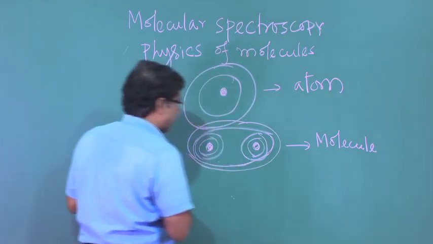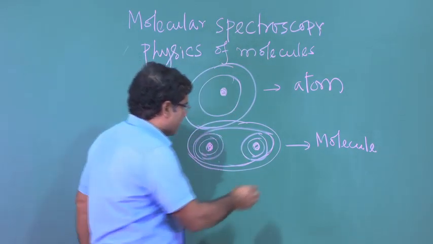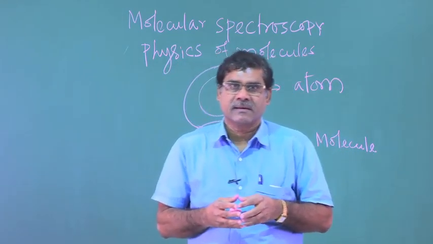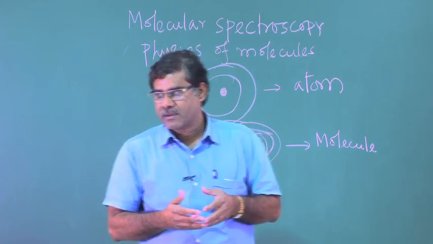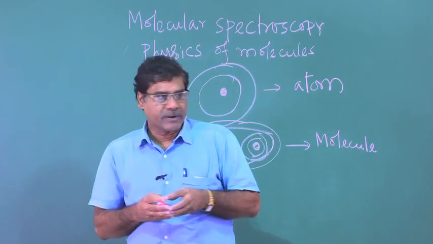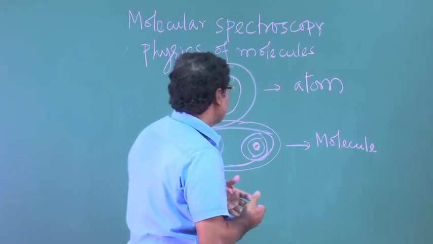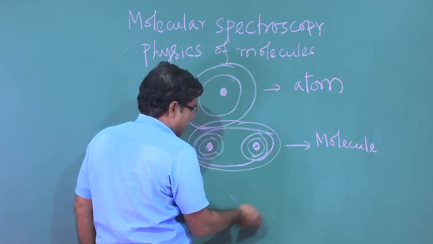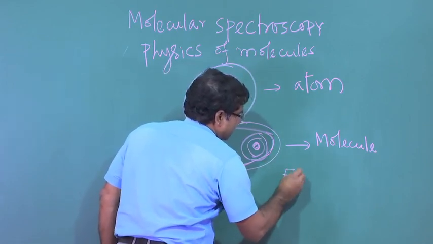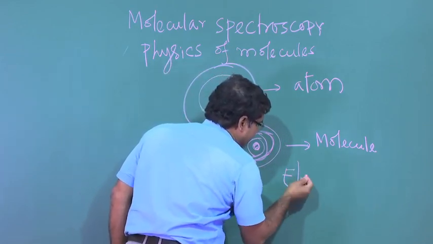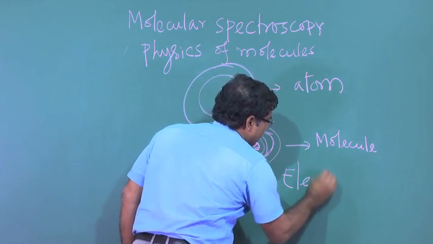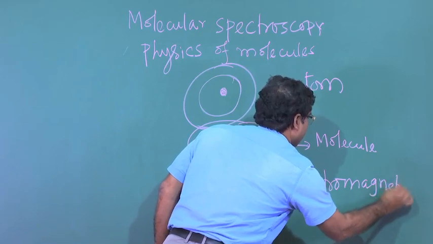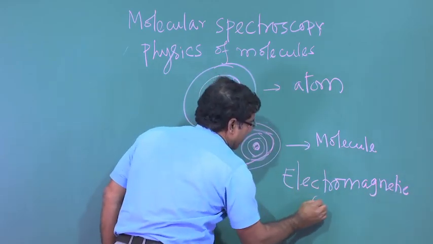So, next let us see the division of electromagnetic radiation in terms of wavelength, in terms of frequency, or in terms of energy. So, we would like to see the spectrum of electromagnetic radiation, basically electromagnetic radiation or waves.